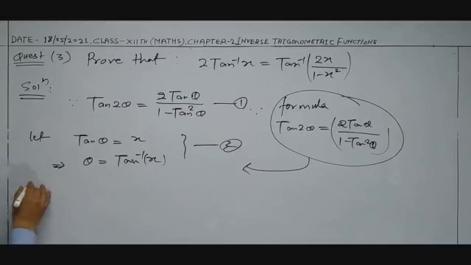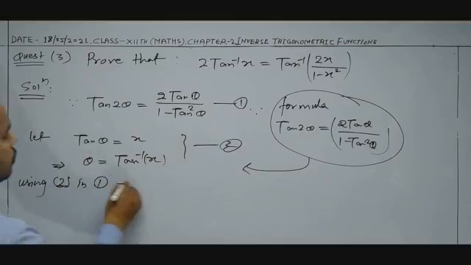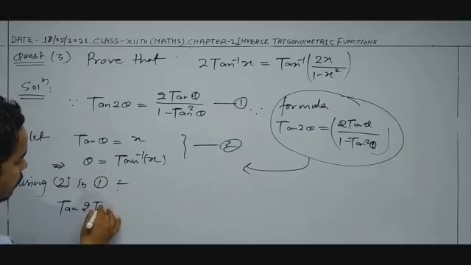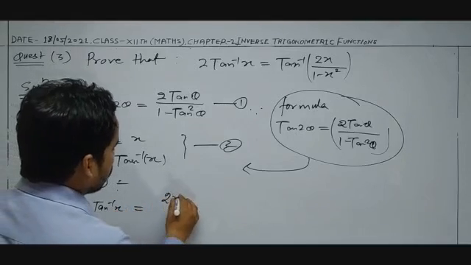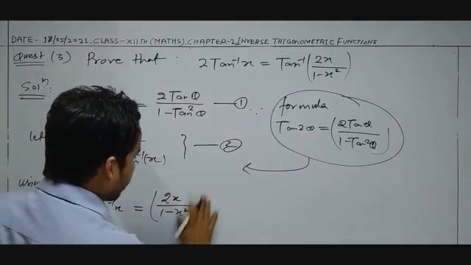Using 2 in 1, the result will be tan of 2 tan inverse x is equal to 2 times x whole upon 1 minus x square.